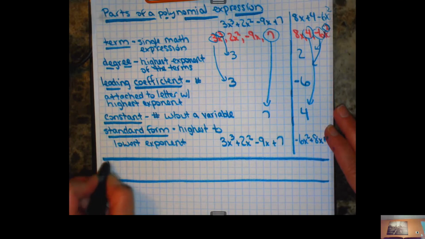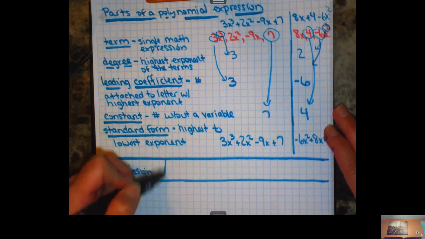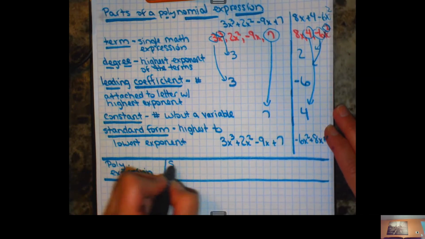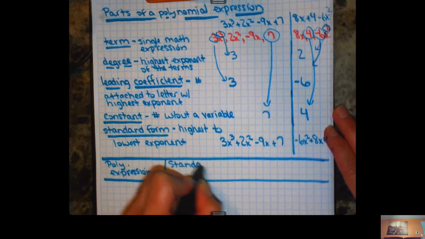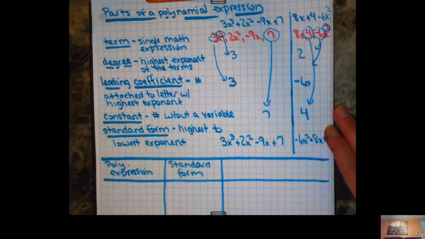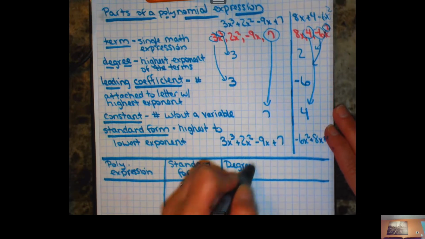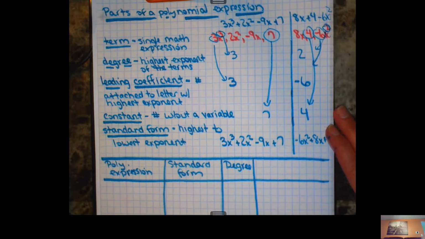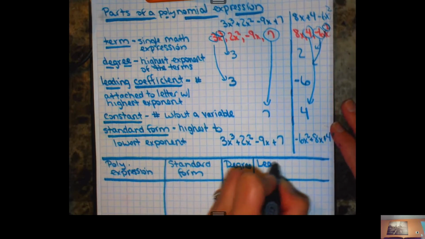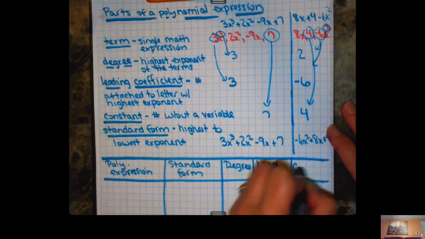We're going to have a polynomial expression here, standard form over here, a little bit of room, our degree here, our leading coefficient, and then our constant will go over here.